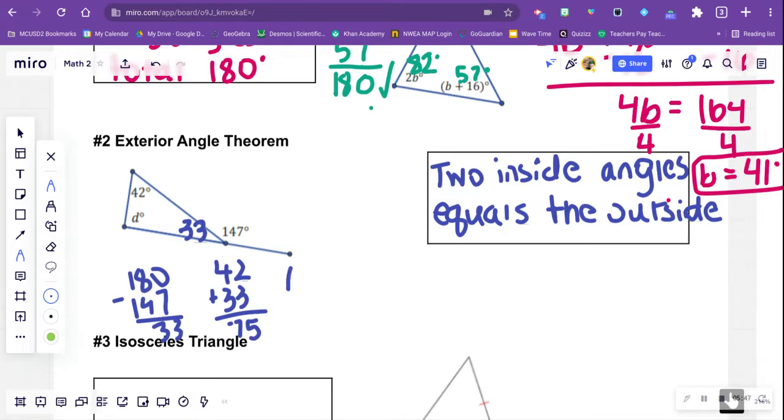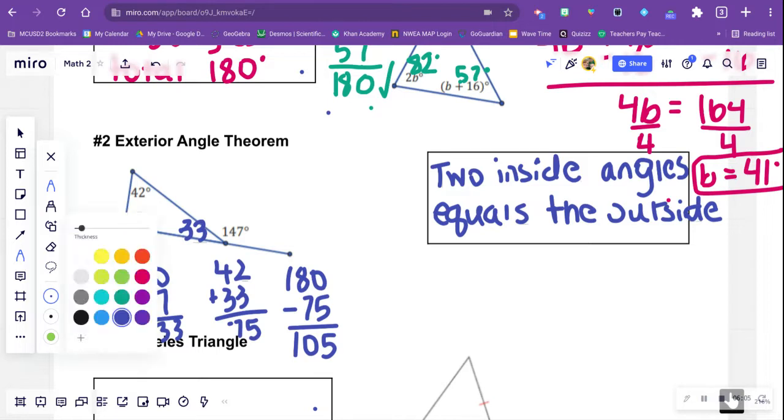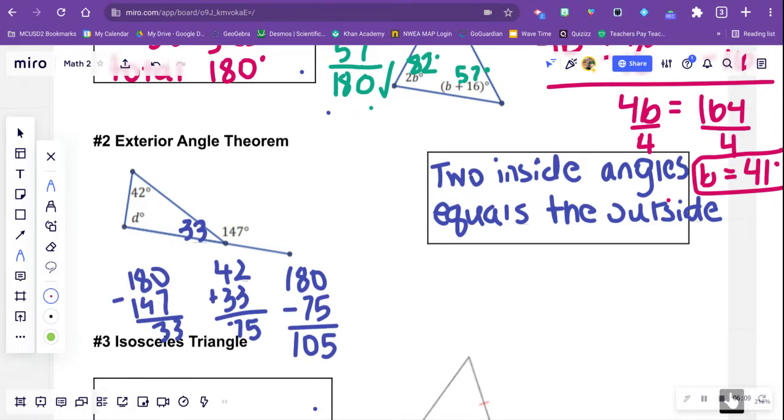And I got to get to 180, so subtract 75 from 180, and you get 105. And so I would know D would be 105. But if you know the property, then you just know that the outside angles, these two have to add up to give you the 147.